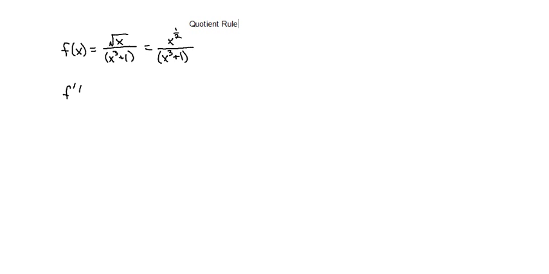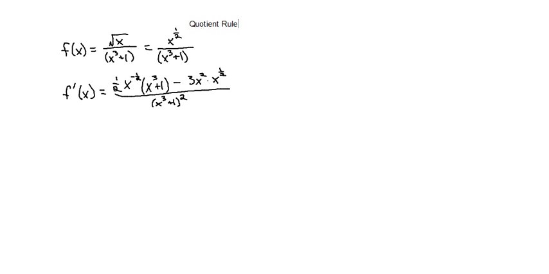So f prime, our derivative, is going to equal the derivative of the top, so that will be 1/2 x to the negative 1/2 times the bottom, x to the third plus 1, minus the derivative of the bottom, which is 3x squared, times the top, x to the 1/2, over, it's going to stay a fraction, take the bottom, x cubed plus 1, and square it.